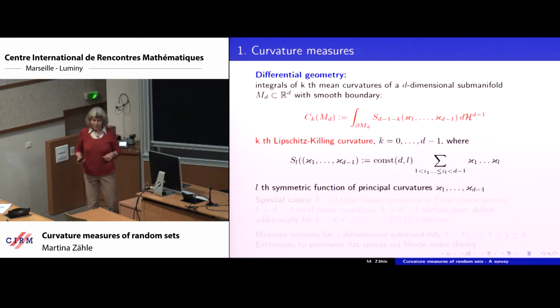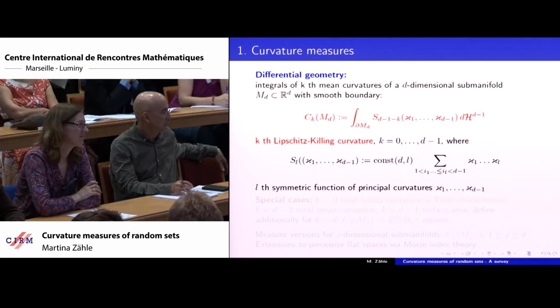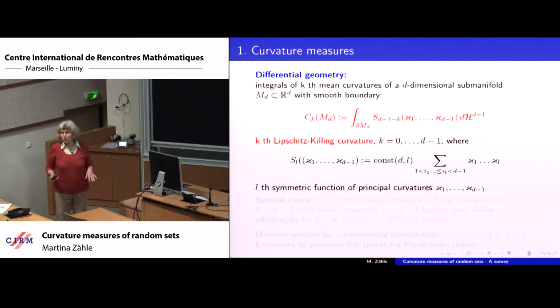I start not with convex geometry but with a representation in the differential geometric context, which is a bit closer to it. In differential geometry, one considers smooth submanifolds, say, in a Euclidean space, and one can introduce the so-called generalized k-th order mean curvatures, known from classical differential geometry.